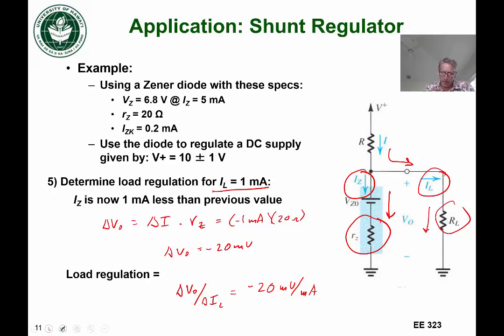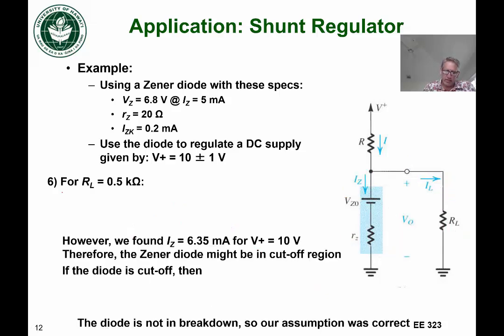Okay, and so for the last part of this problem, let's assume that RL is 0.5 k ohms. Is this still going to work? So if RL was 0.5 k ohms, we could write that IL would be equal to V out over RL, and that's equal to 6.83 over 0.5 k ohms, which is equal to 13.7 milliamps.